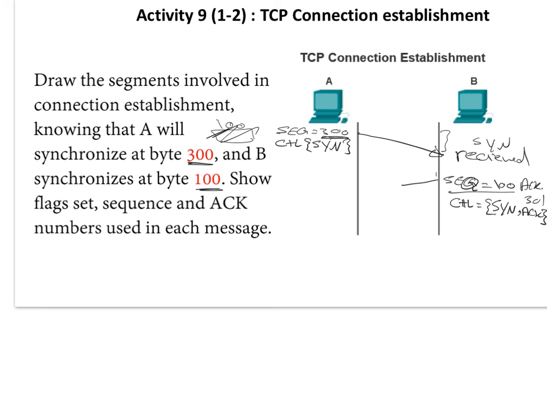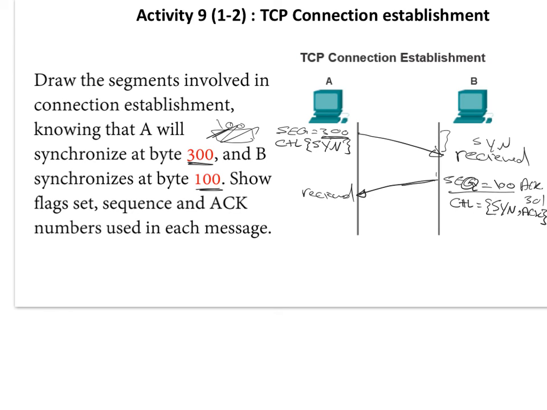So this segment is actually a combined segment that has two pieces of information. We send it back to A, and now A will say receive, which means I received it. So now A will have to acknowledge back at least.